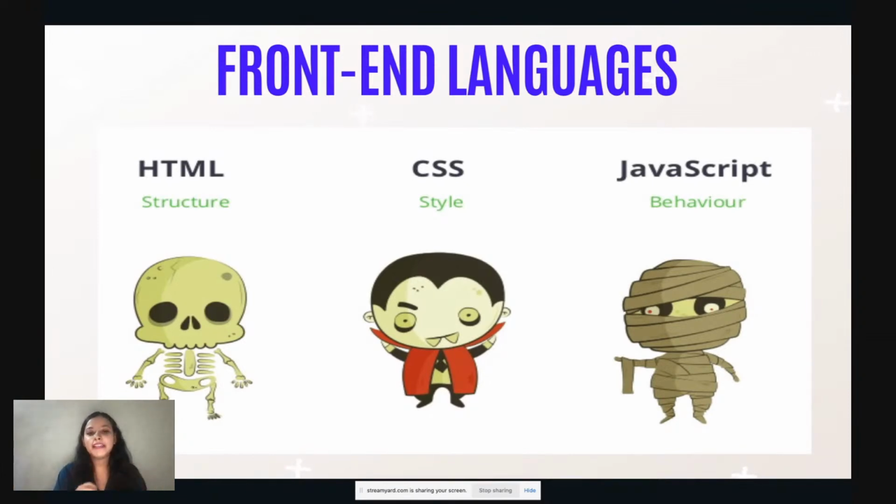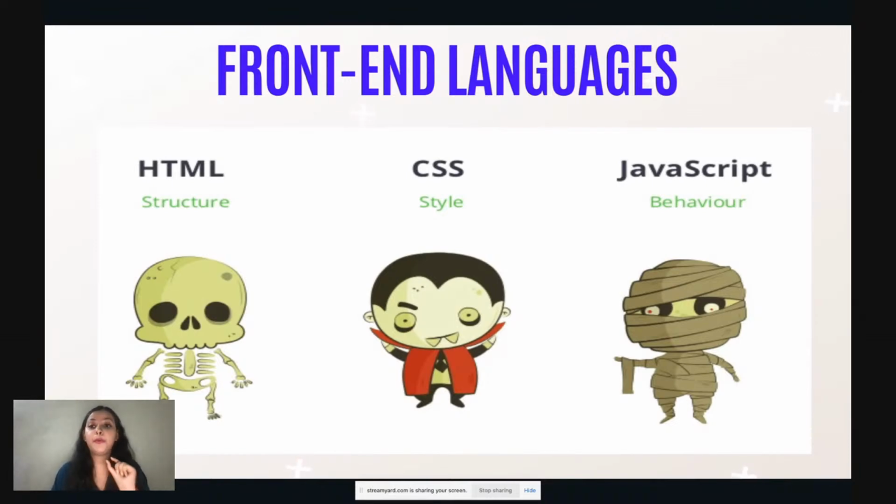Now the thing to notice here is HTML stands for Hypertext Markup Language, right? So as the name suggests, it is a markup language. It is not a programming language. Again, CSS stands for Cascade Style Sheet. Again, it is a styling language.